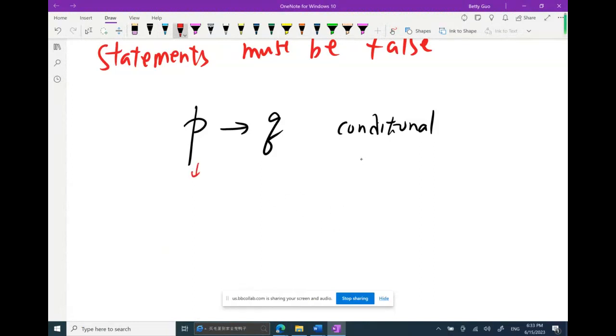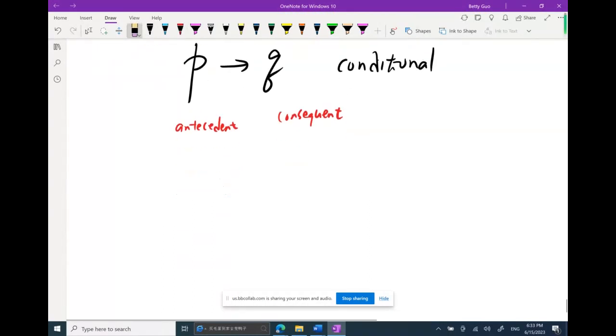P here is called the antecedent. Q here is the consequent. Pretty intuitive because P causes Q, right? If P, then Q. So of course P is the antecedent, Q is the consequent. Should not have any confusion.